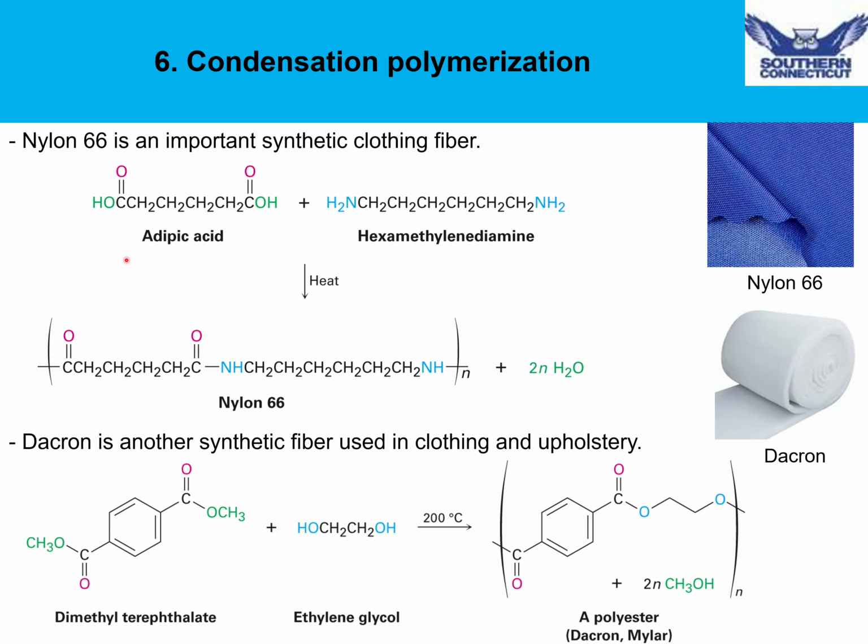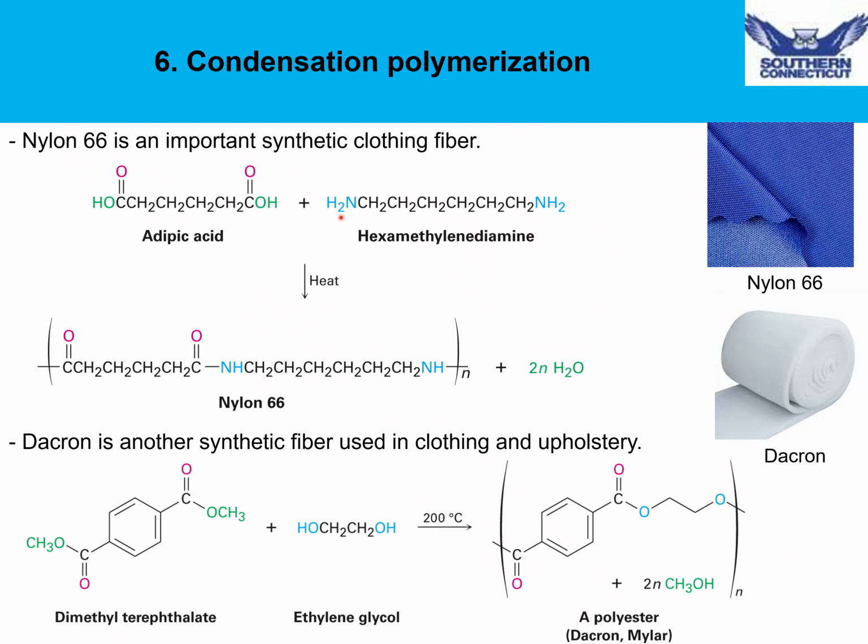Let's take a look at other examples of condensation polymers. Nylon 66 is an important synthetic fiber. It can be made from a dicarboxylic acid, such as adipic acid, and a diamine, such as hexamethylene diamine. If we heat the two, we can form an amide bond multiple times.